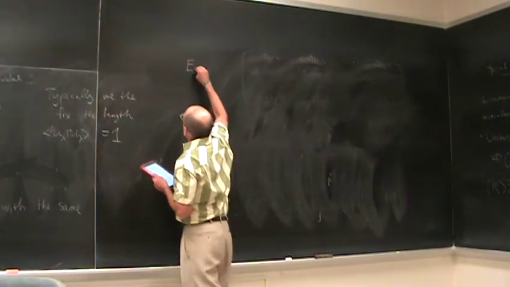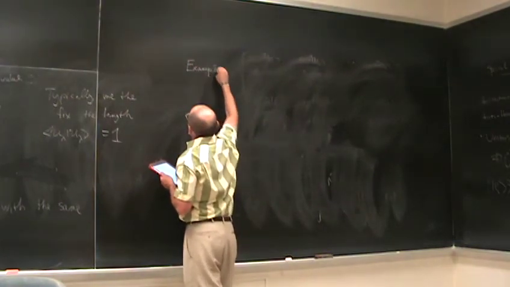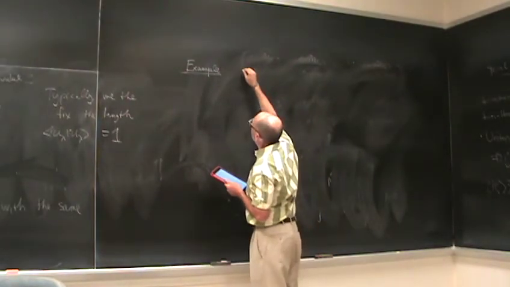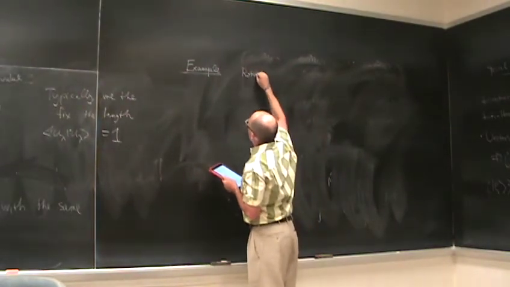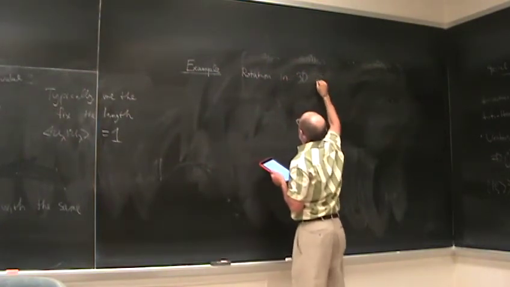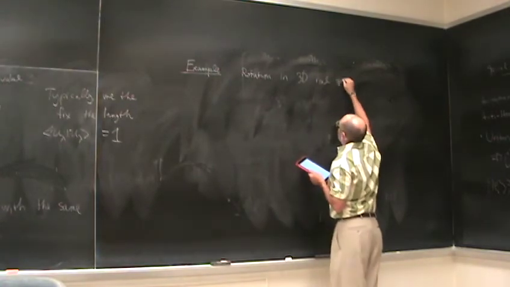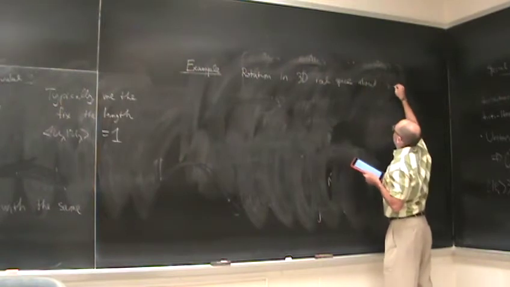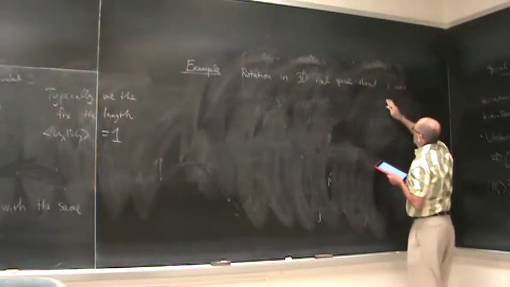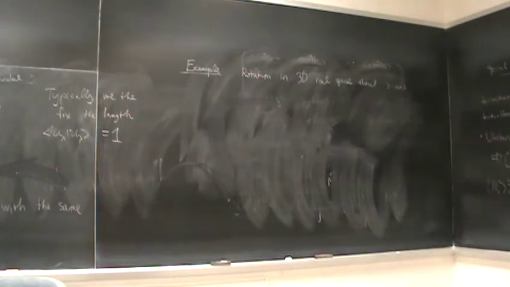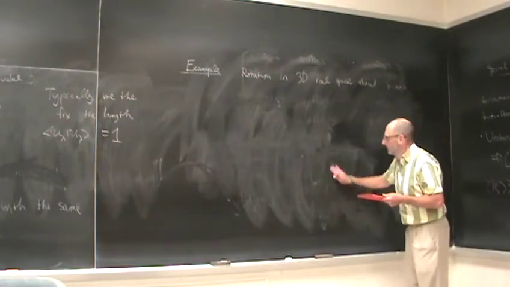So let's just consider a rotation in three-dimensional real space about the z-axis. Okay, so my Hilbert space here is a real three-dimensional Hilbert space. That's fine. I can do that.